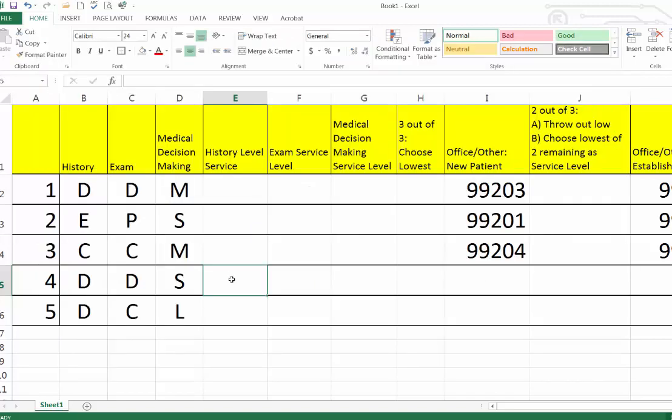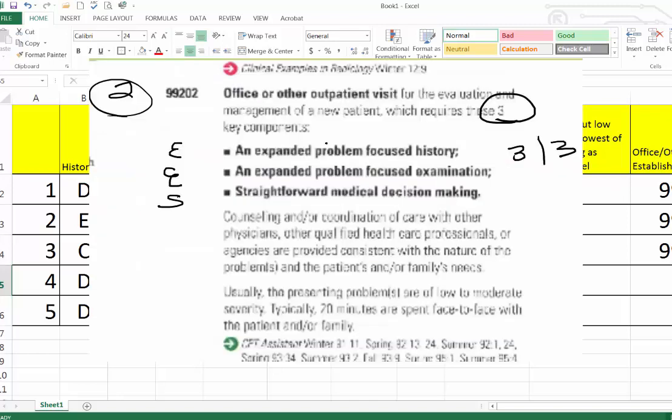Those are both a service level 3, so I'm going to write 3, and then I'm going to write the number 3. Now, straightforward decision making. That is a service level 1 and a service level 2. I'm going to give my physician the most credit where I can, so I am going to say that the straightforward decision making is a service level 2.